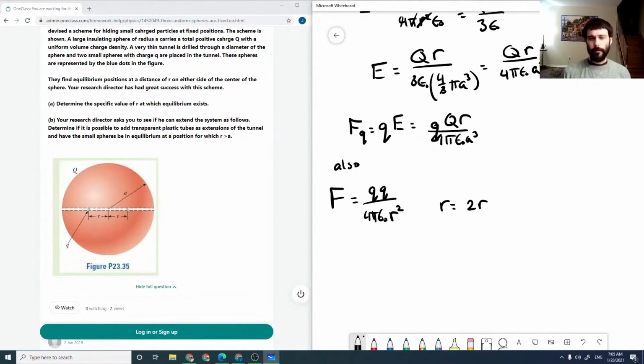If we look at the figure, our charge repulsion is between q1 and q2, and both have a charge, so q1 is equal to q2 is equal to q. So our charge repulsion is then just q squared over 4 pi epsilon naught times 2r squared.